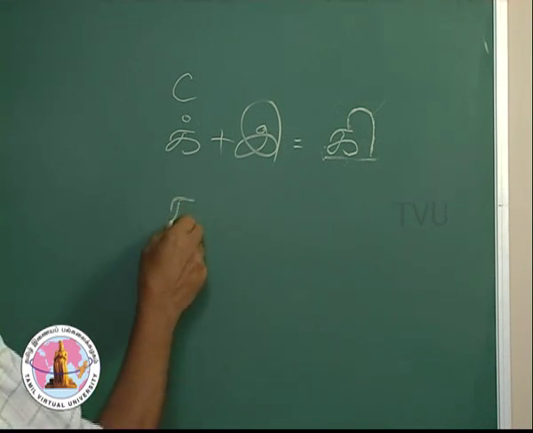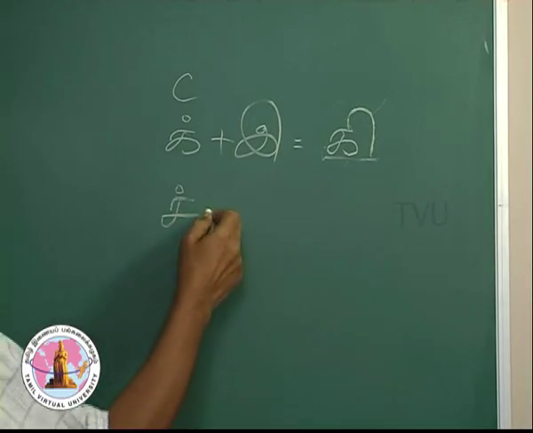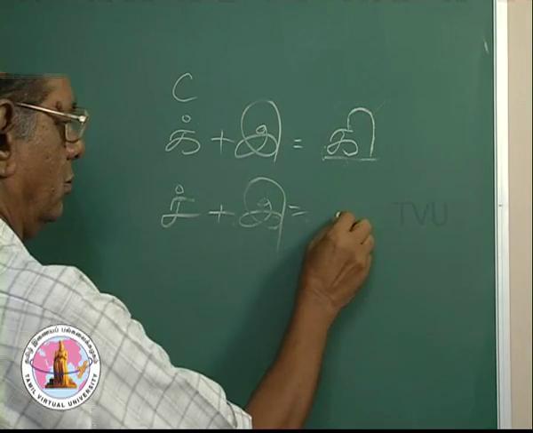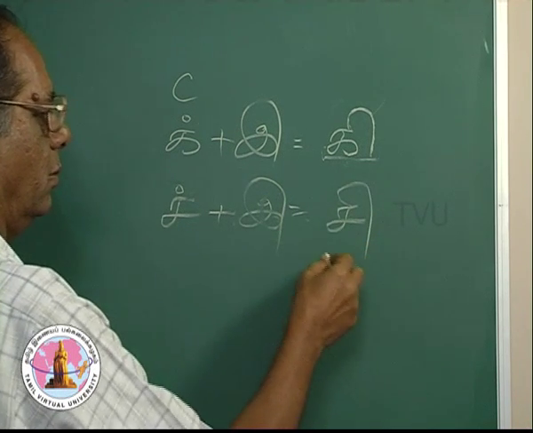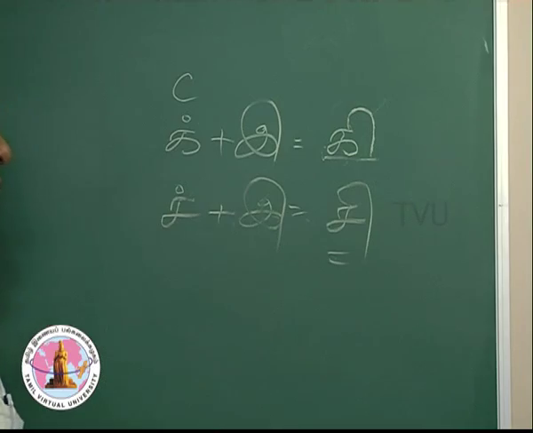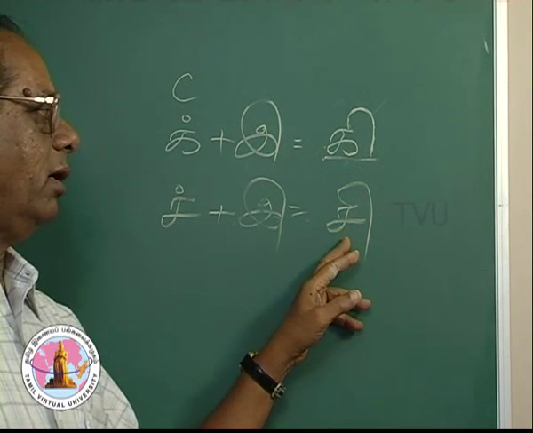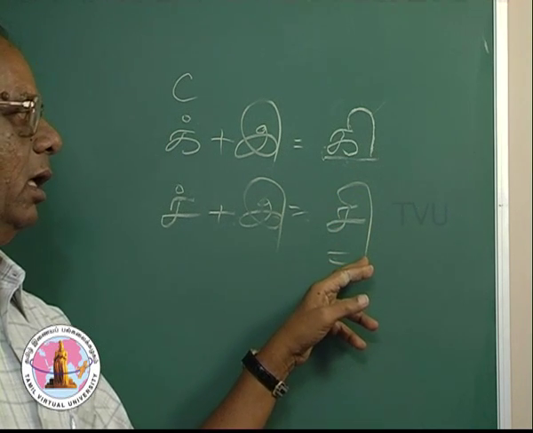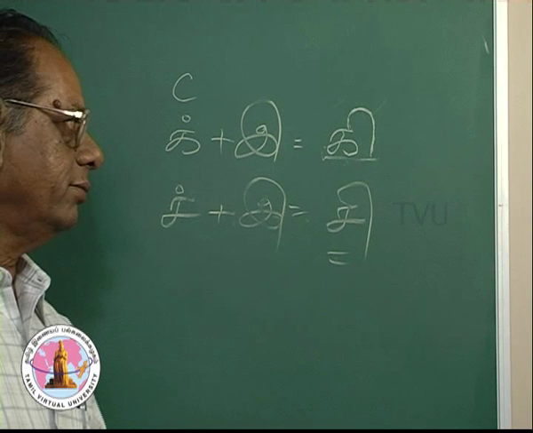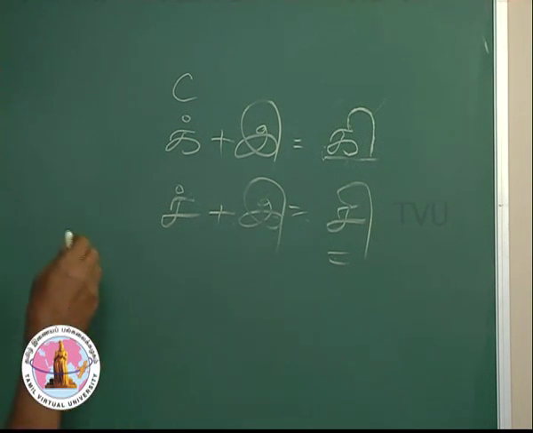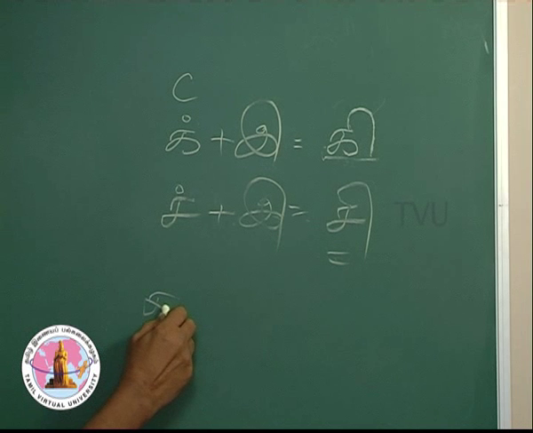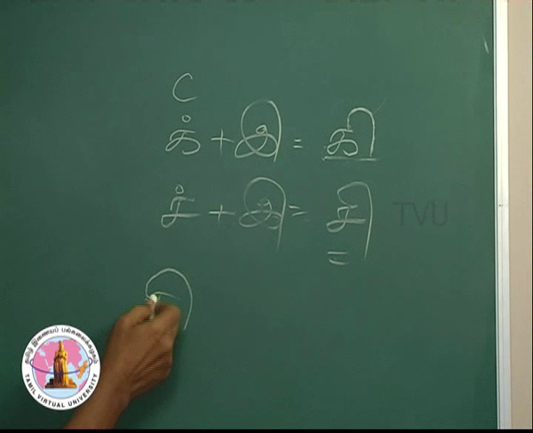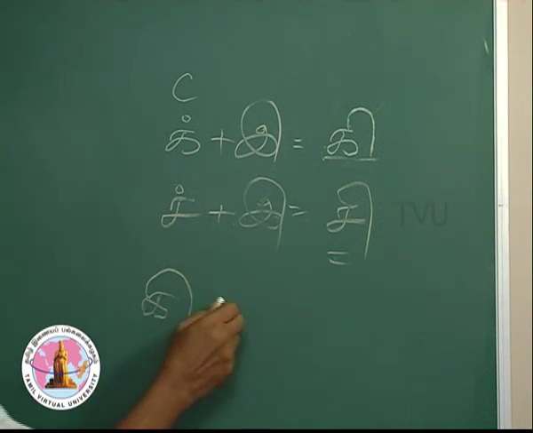The next letter is cha, as you know, and when you add this vowel, it becomes chi. Here again, you must remember where to start this curve, this marker. Earlier, these letters used to be written this way, that is, starting from the left end.